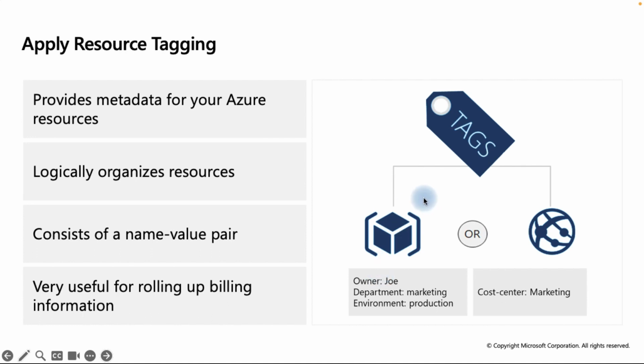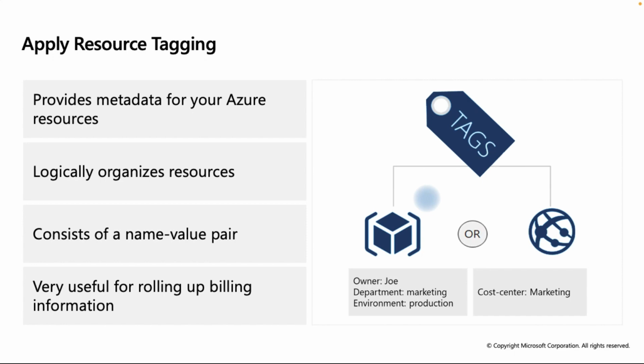Tags are a metadata element that you can apply to your Azure resources. They are key-value pairs that help you identify the resources, so you can easily identify them, and it is easy for billing purposes and settings relevant to your organization.